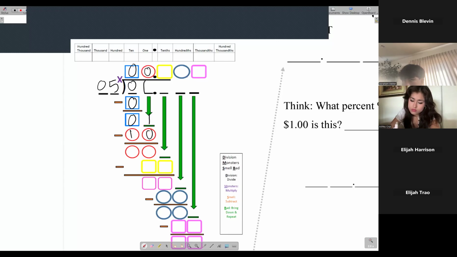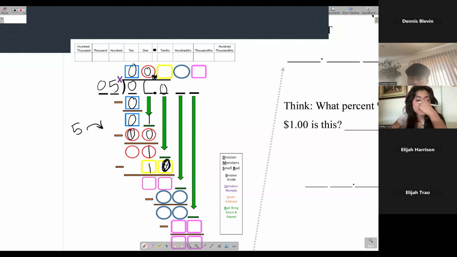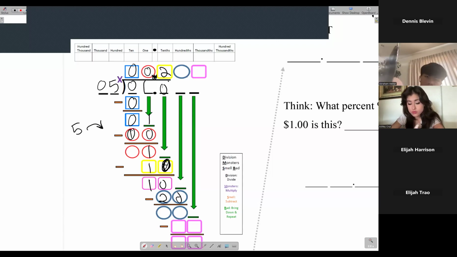So I have a 1 here. I bring down a 0. Now I'm behind the decimal point. All right. And Ashley, does 5 evenly go into 10, ma'am? Yeah. How many 5s fit into 10? 2. Yes, ma'am. So we got a 2 here, which is 10. And you just bring down the 0 one more time, and there's 0 left over.